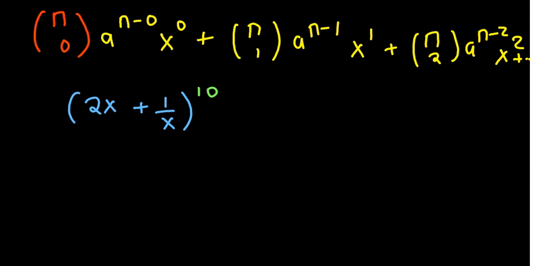I want you to expand up to, let's say, the first 6 terms. Okay, show the first 6 terms of that expansion. So you start from 10 choose 0 all the way up to 10 choose 5. That's fine. Okay, so that would be a good start for you.